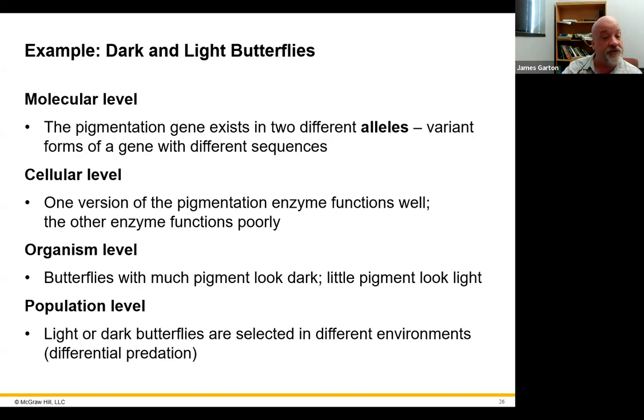And if the situation reversed itself, all that coal dust pollution diffused out. Well, the selective pressures would have changed. And what was once selected against got made more rare versus what was selected for and got more common would change.